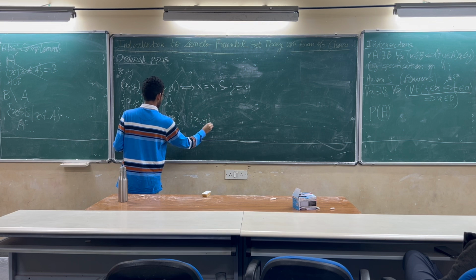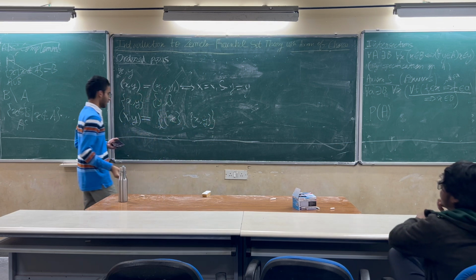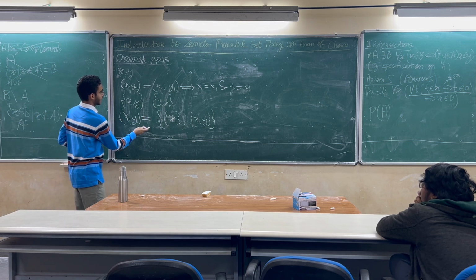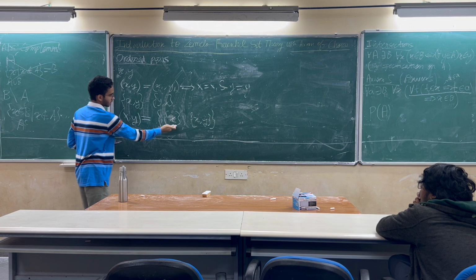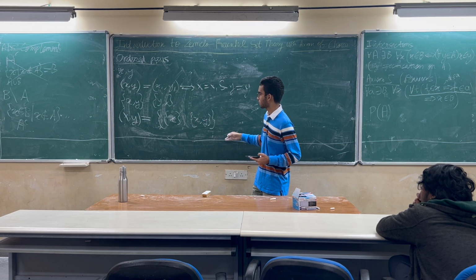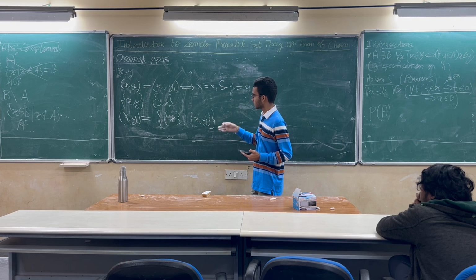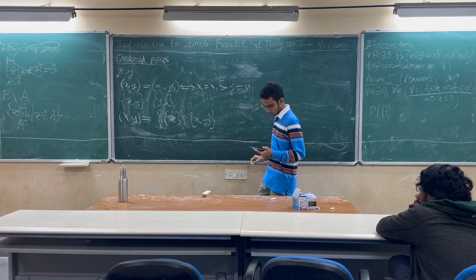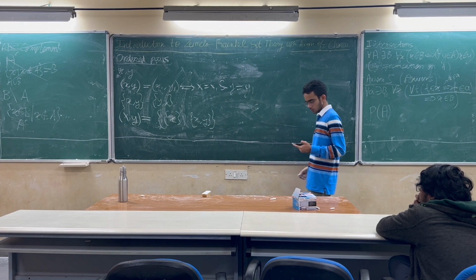So this is the definition of ordered pairs by Kuratowski, and it's a nice exercise to check that this satisfies this condition. So if this thing was equal to the same thing, but with x replaced by x1 and y replaced by y1, then you can show that x must be equal to x1 and y must be equal to y1. So this is the standard definition of ordered pairs.